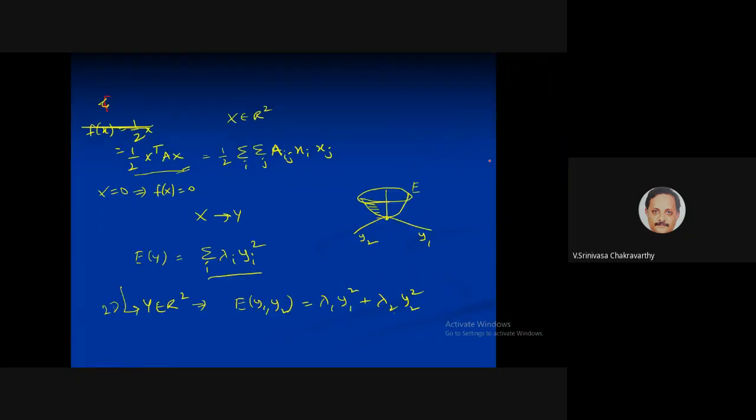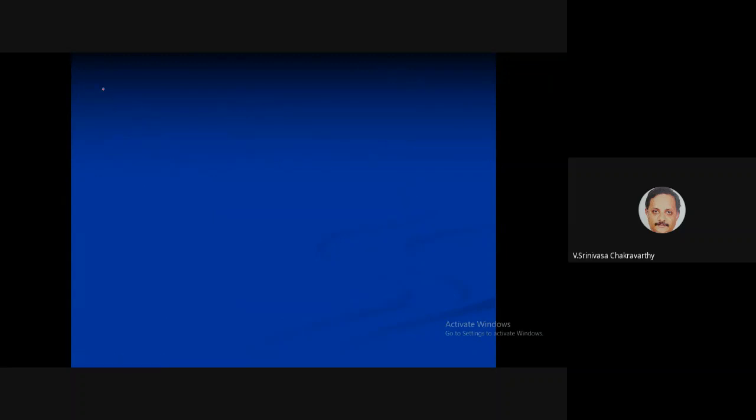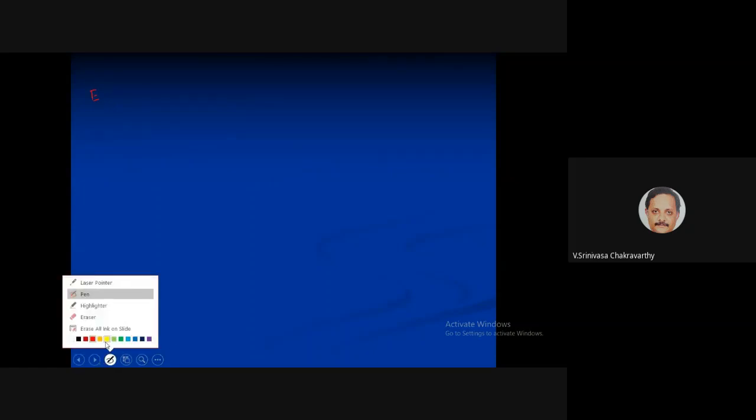So if you take E of y1, y2 equal to lambda 1 y1 squared plus lambda 2 y2 squared.